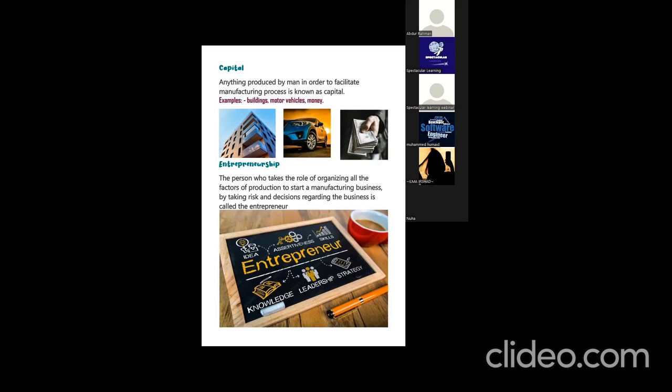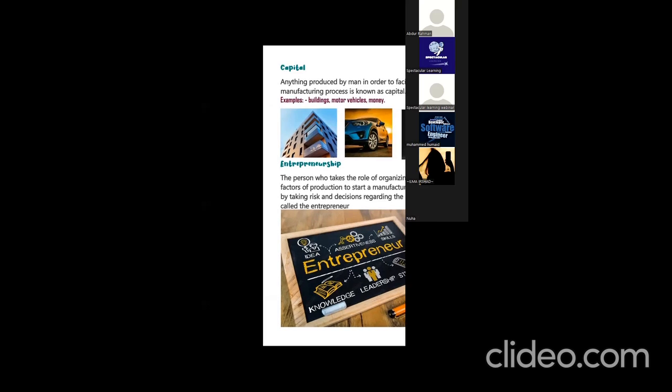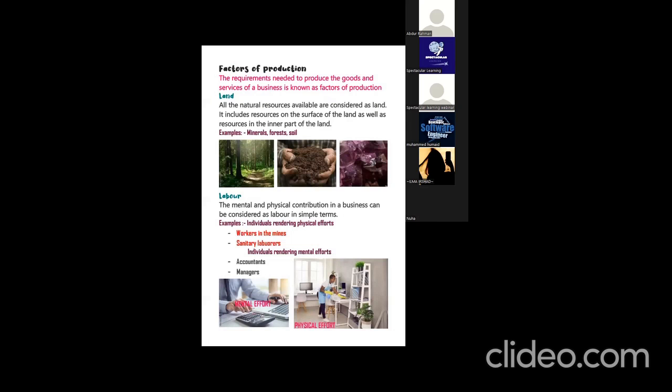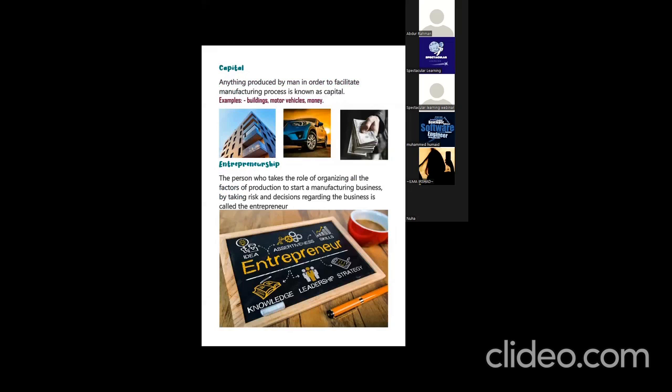Did you all understand about capital, land, and labor? Yes. Okay. So, entrepreneurship. Now we learned about capital, labor, and land. The person who manages all these things in a business is called an entrepreneur.